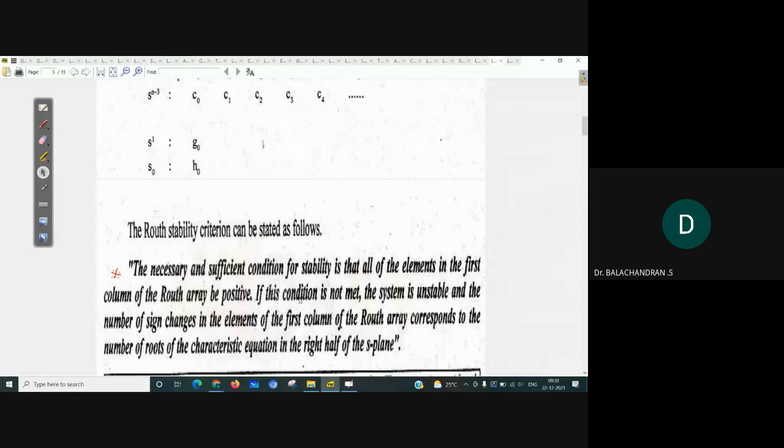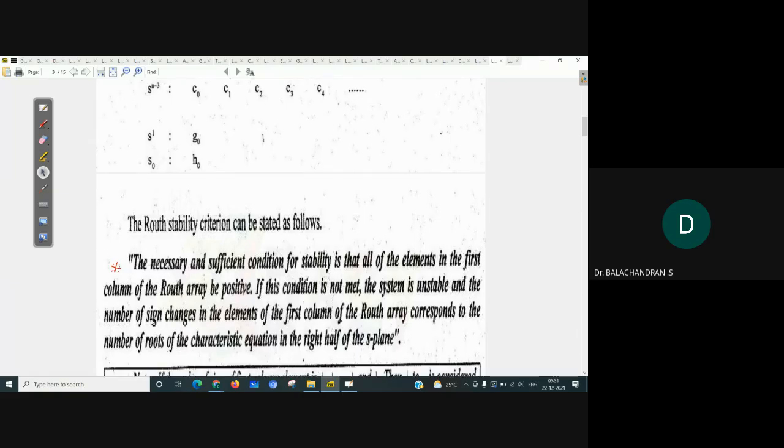If this condition is not met, you can tell the system is unstable. The number of sign changes in the elements of the first column of the Routh array corresponds to the number of roots of the characteristic equation in the right half of the s-plane.